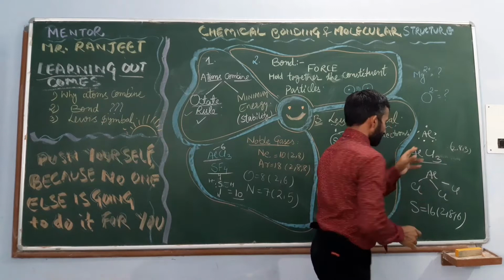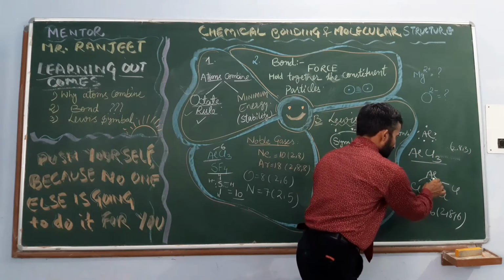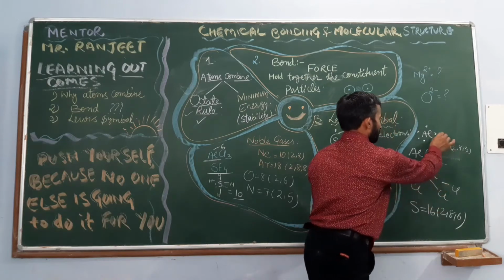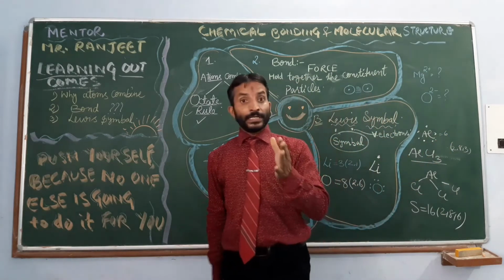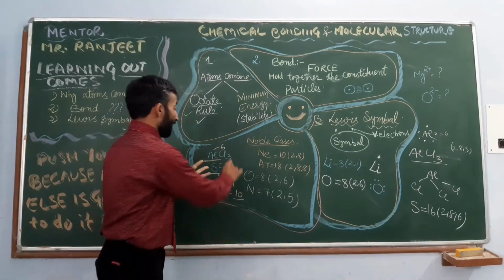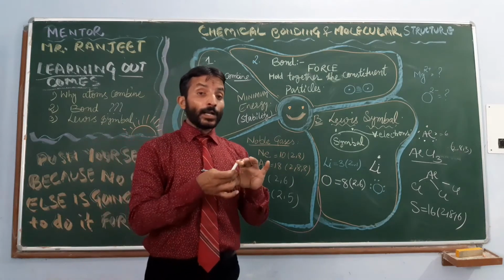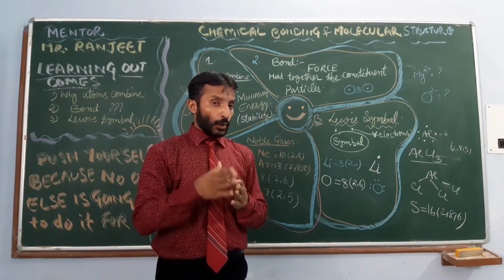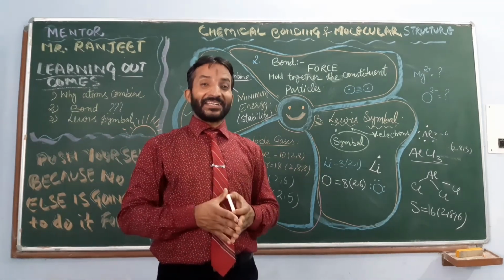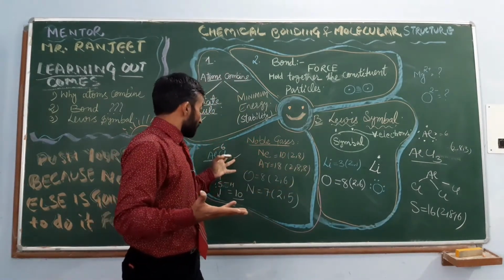Now when you share, you will find there are 6 electrons in total in its valence shell. So what does it mean? That its octet is not complete. There are not 8 electrons in the valence shell. But this compound exists.